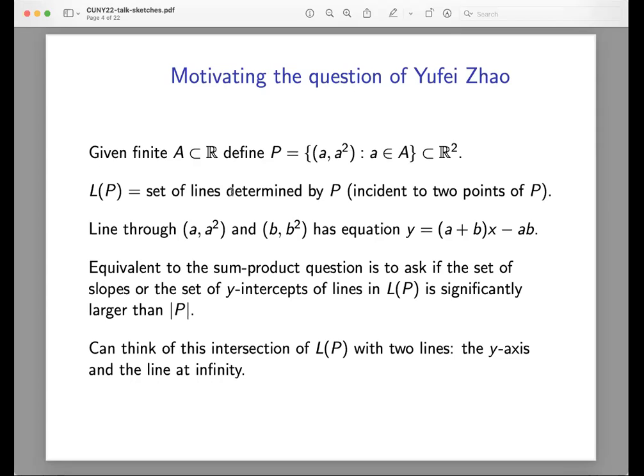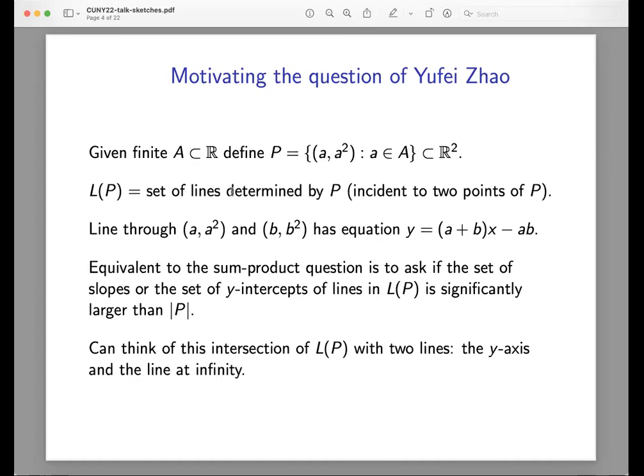The very famous conjecture of Erdős and Szemerédi is that either the number of sums or the number of products is considerably larger than the number of elements in the set. So for this particular point set, if you look at the y-intercepts or the slopes, at least one of those 2 sets is considerably larger than the point set.